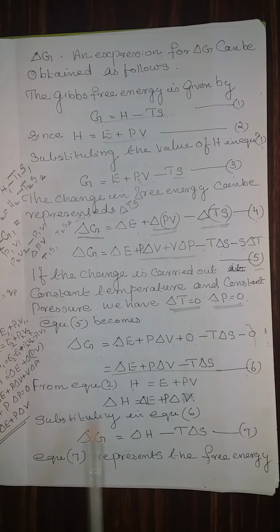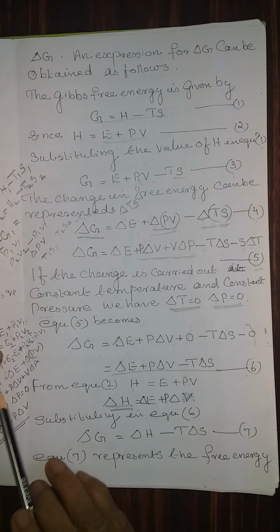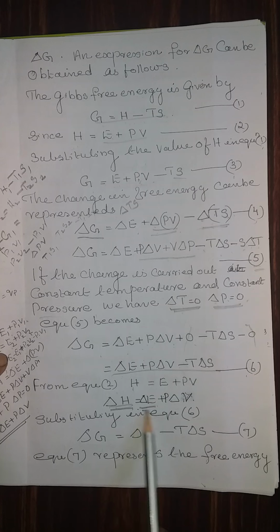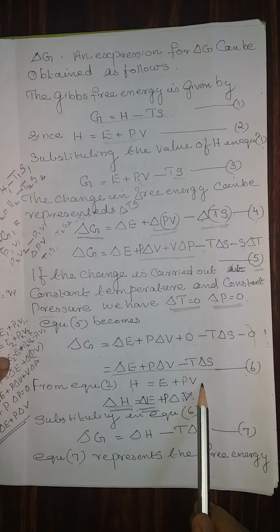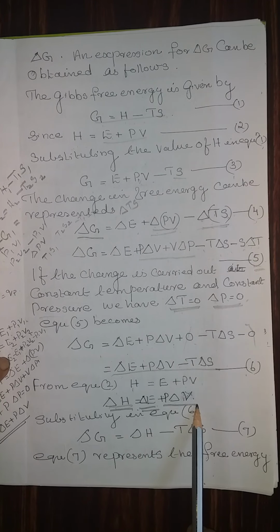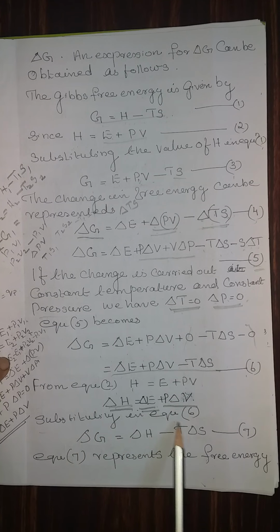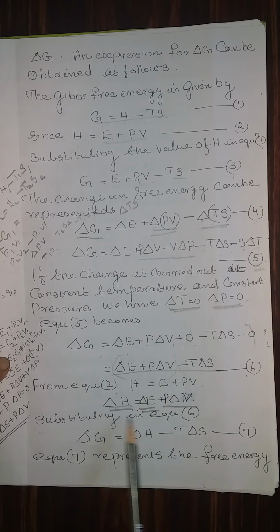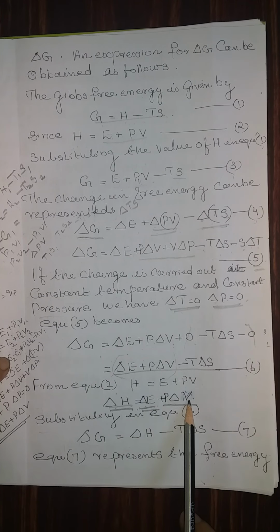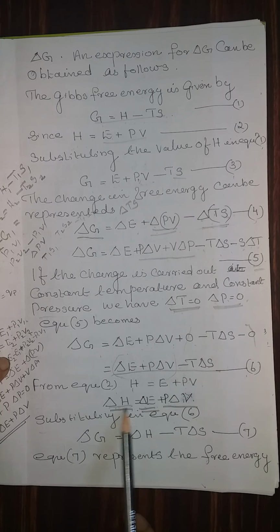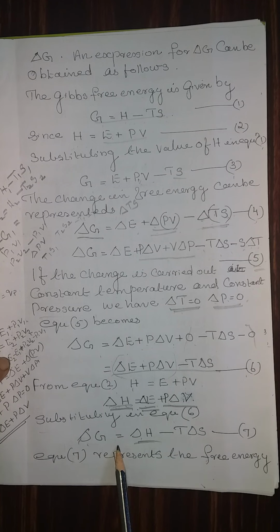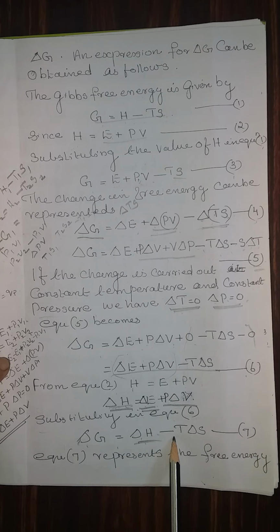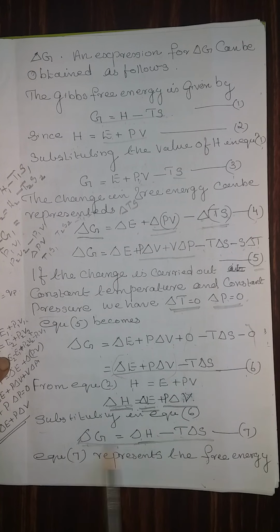H2 minus H1, that is delta H, is equal to E2 minus E1, that is delta E, plus P delta V. Therefore, substituting in equation number 6, we know delta E plus P delta V is equal to delta H. Substitute that value here. That is delta G is equal to delta H minus T delta S. This is the Gibbs free energy change.